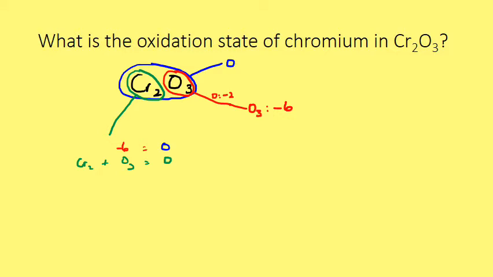So both chromiums combined must be +6, because +6 plus -6 is 0. But we want an individual chromium, so we have to divide by 2 to get the oxidation number of an individual chromium atom. And 6 divided by 2 is +3. So the overall answer to the question is the oxidation number of chromium is +3.